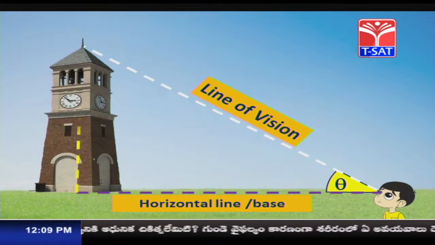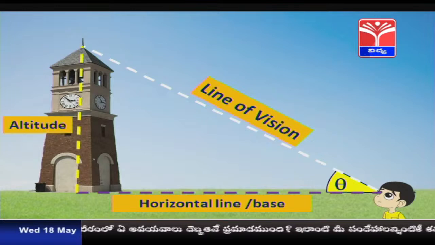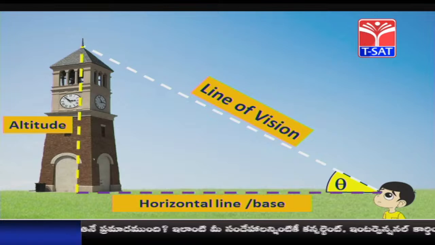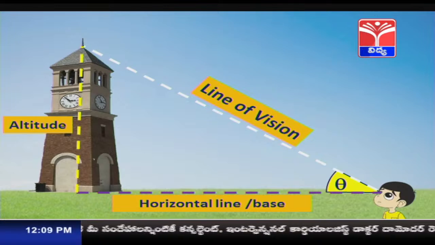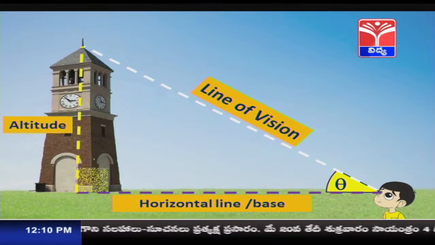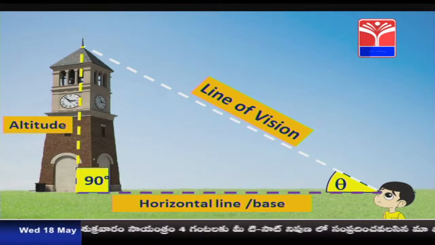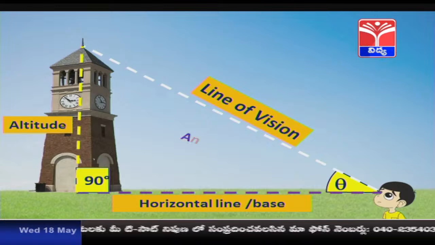Theta. Now, what is this? Altitude. This altitude gives the height of the watchtower, is it right? The height of the watchtower we can say here, and both are at 90 degrees to each other. So, this again forms a right triangle, isn't it?